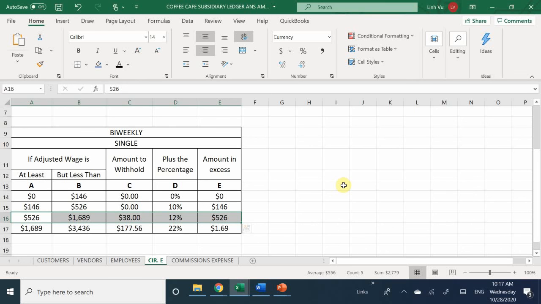By looking at this, she's going to be charged 12% on the amount over $526. So does that mean you take $544, subtract 526, and then what's left is the 12% of that? Correct. So $18 times 0.12. She'll be taxed $2.16.